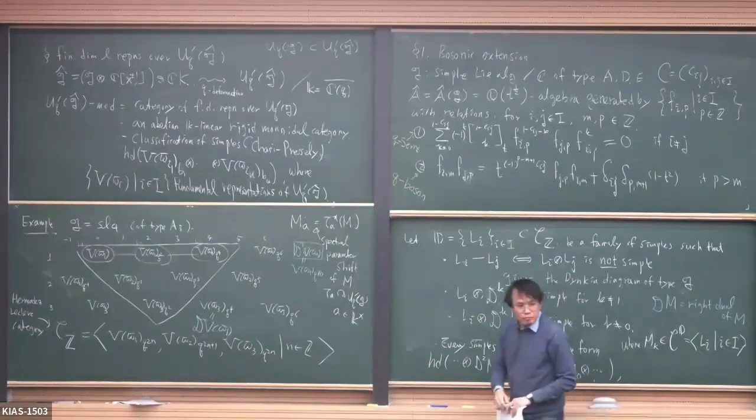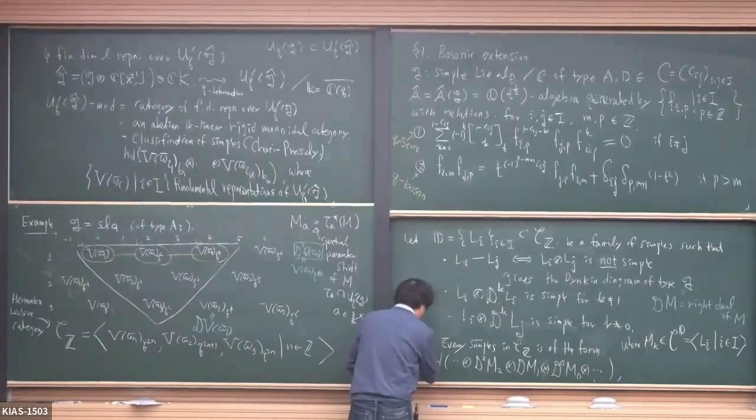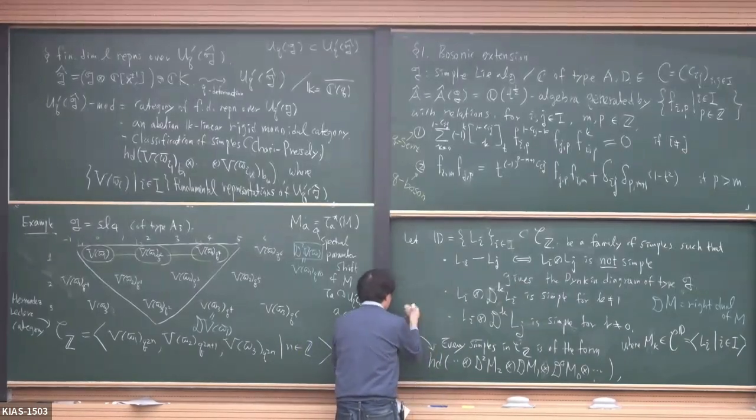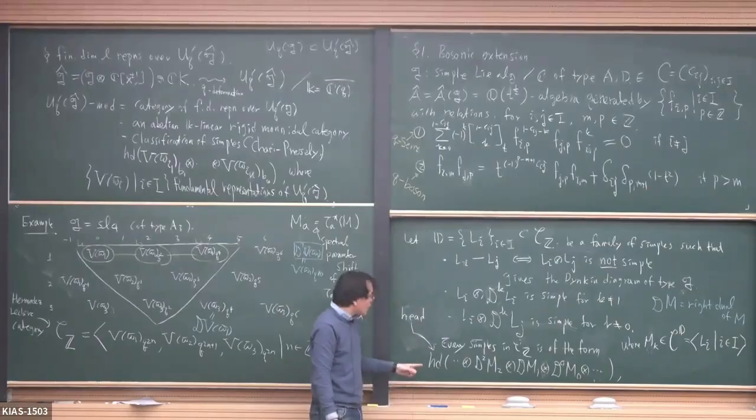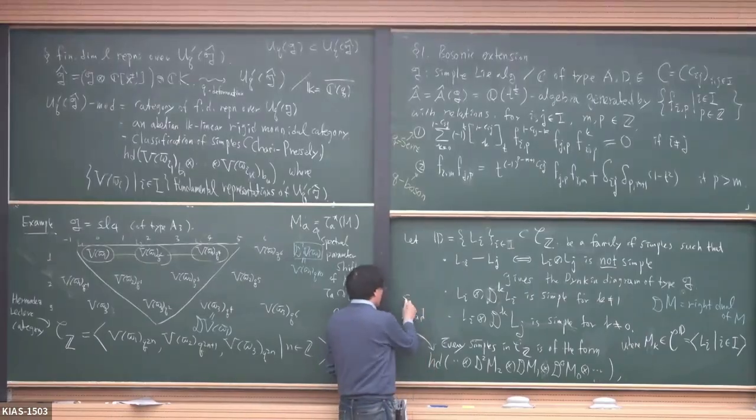I'm sorry, this is a simple head: the maximal, the largest semisimple quotient of the tensor product. And in this case, it is simple.